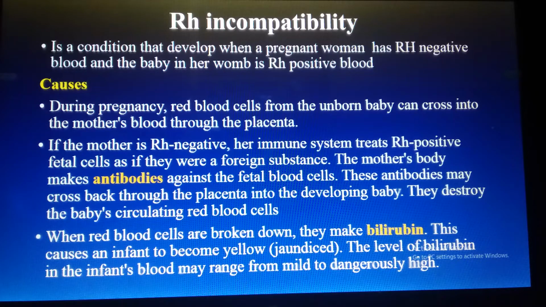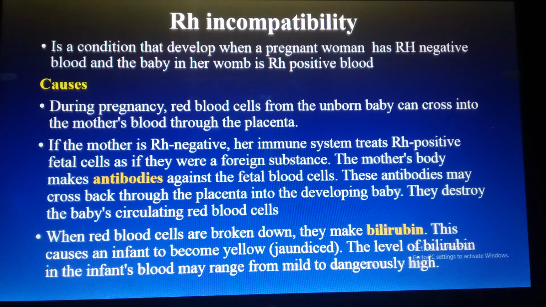So what will happen? The immune system of the mother will detect the foreign substance, meaning the blood of the baby. Now the baby's blood contains Rh factors, so the mother's immune system will detect it and produce Rh antibodies against that Rh factor, Rh antigen.